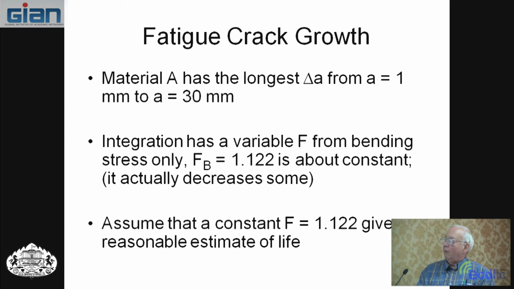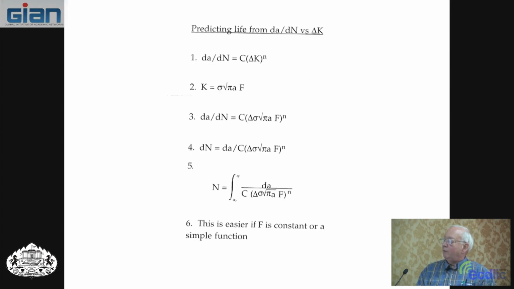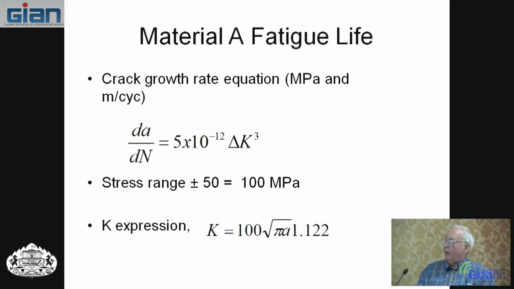Material A would have the longest life, but I want to do fatigue crack growth, and I had trouble with picking the F. So I picked F as 1.122 and did some of the analysis that you had done earlier today.